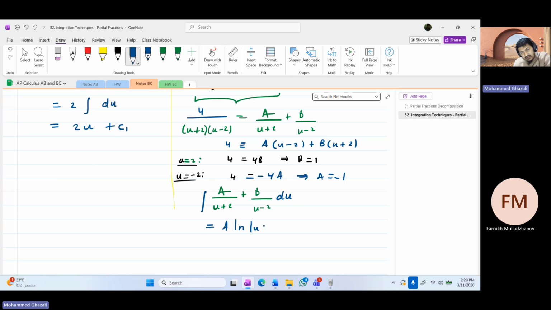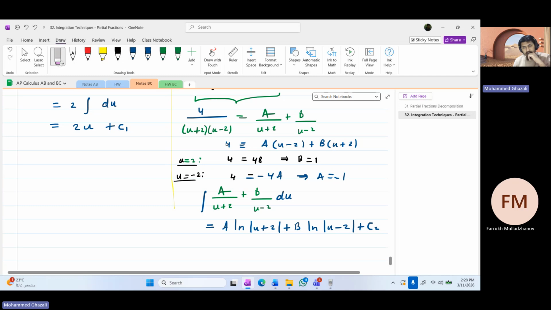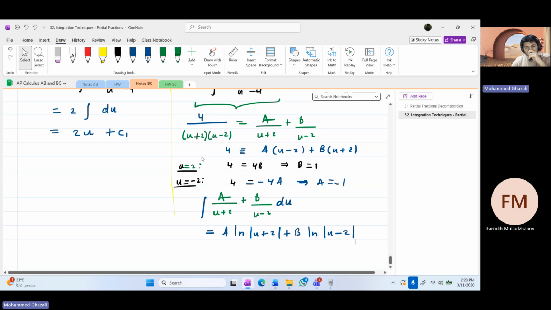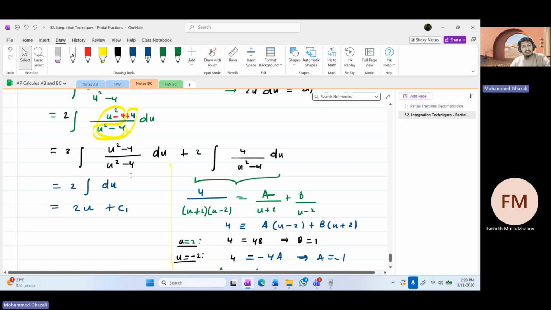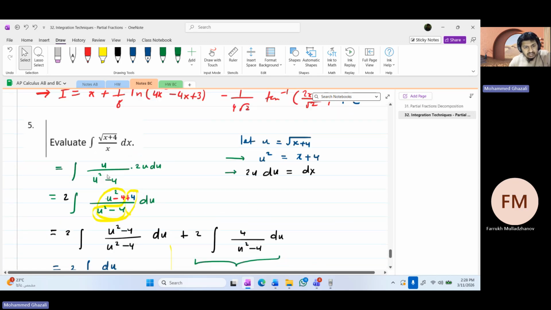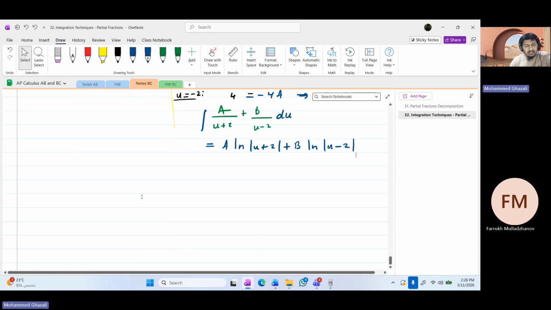A ln u plus 2 plus b ln u minus 2 plus c2. Now remember, avoid these c's and stuff because we finished writing that down. Remember, we still got to multiply it by 2 here, okay? So what's my final answer? So this part implies 2u plus c1.